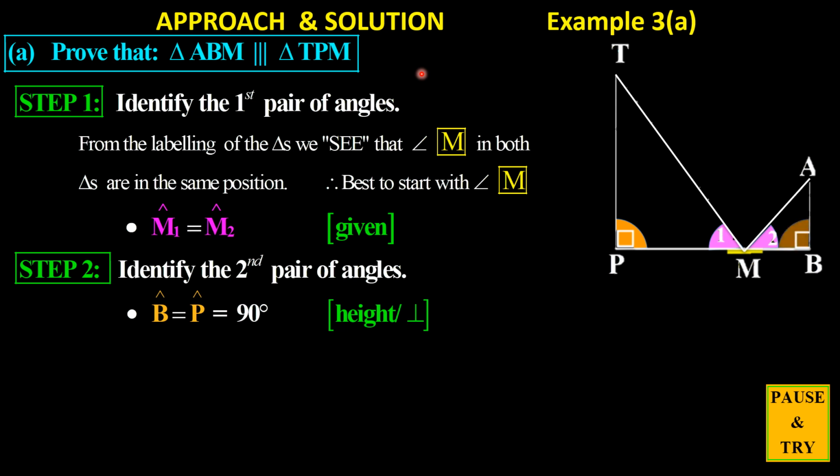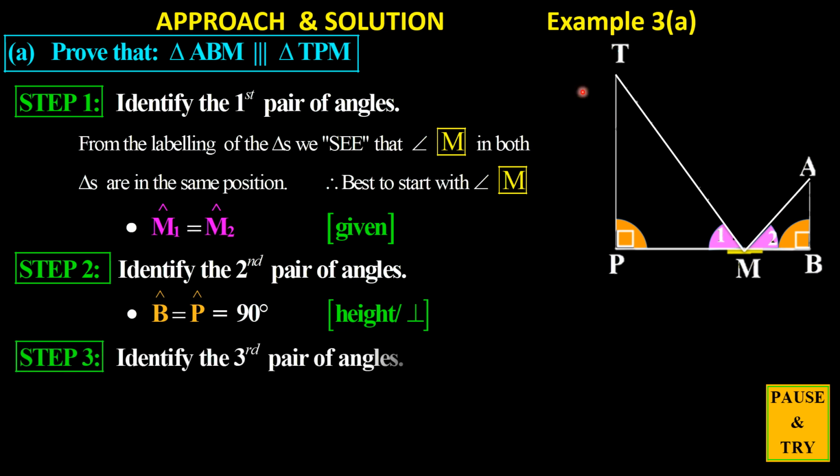Now I need to identify our third angle, and our third angle there would be angle A and angle T. And the reason for that is sum of the angles of a triangle. Now in the third step, you can always give your reason as sum of the angles of a triangle. Because if you already proved that two angles of the triangles are equal, then the third one must also be equal to each other.